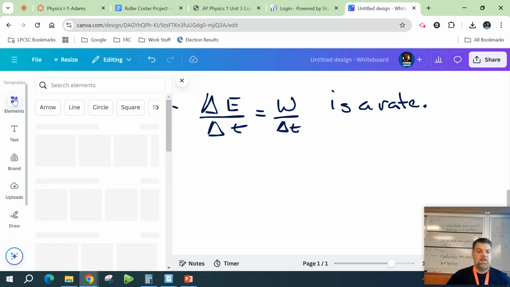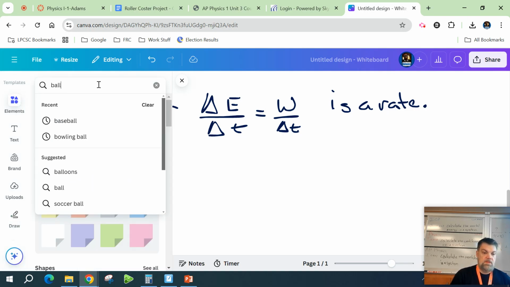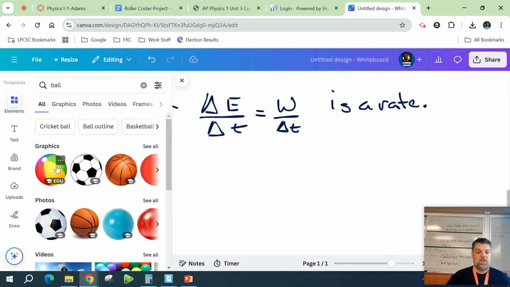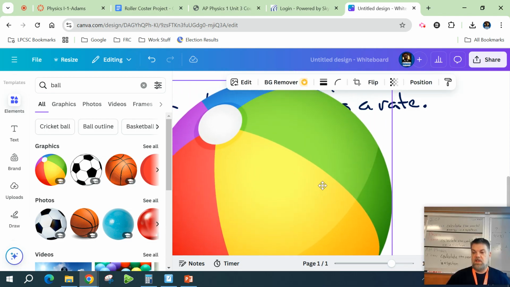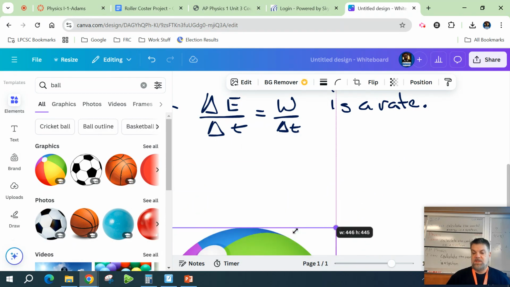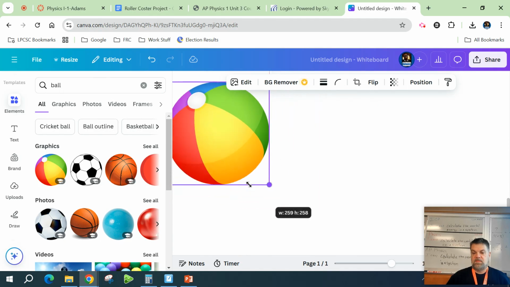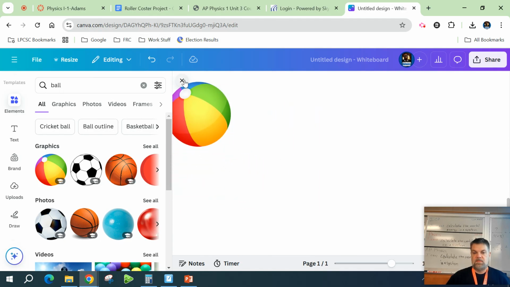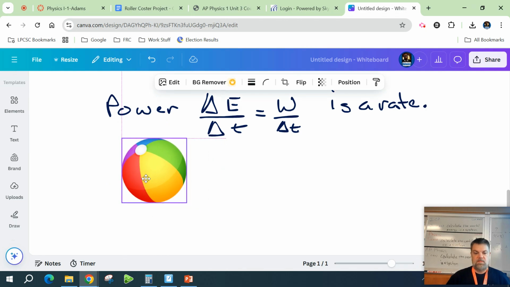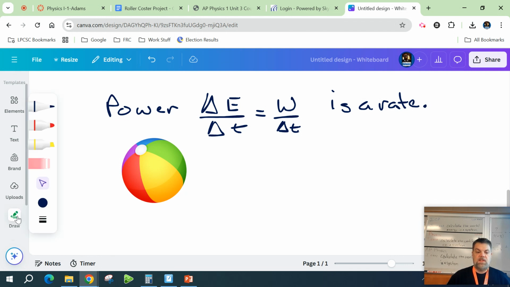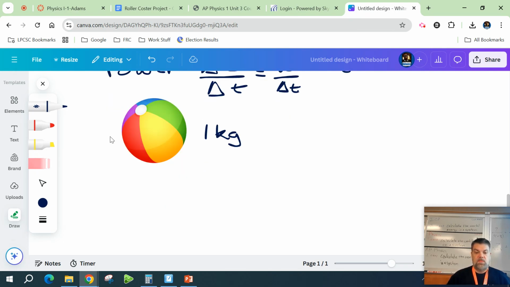So let's think of, oh, this is festive, considering that there's snow on the ground. We'll do this. Think summer. So let's assume that this beach ball weighs 1 kilogram. Okay? And this is Mr. Adams holding it.